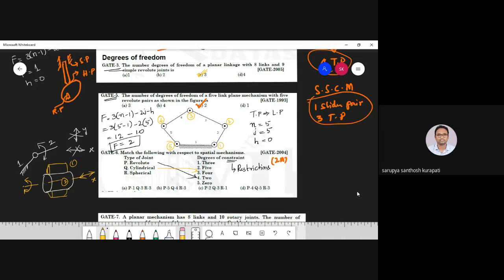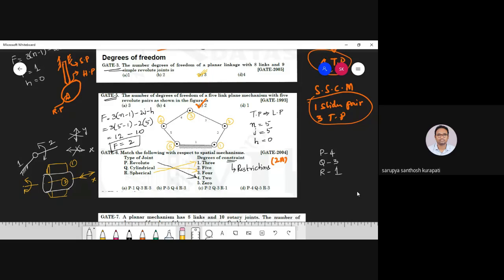No, right? So translation motions won't be there in spherical joints. So how many restrictions do you have now? 3 restrictions. So it goes to 1. So the answer is now P is 4, Q is 3 and R is 1.